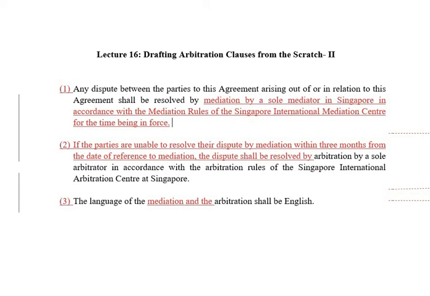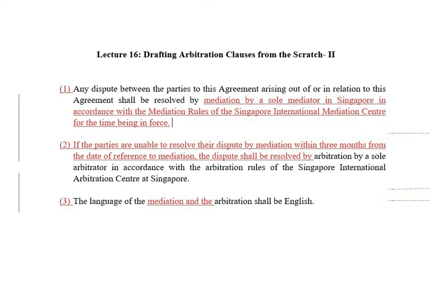For example, if this clause is agreed in 2006 and in 2022 there have been 3 or 4 revisions of the Singapore International Arbitration Center rules, the revision in force as on the date of reference of the dispute would apply and not an old version. To give you a more practical example, say the UNCITRAL arbitration rules of 1976 were in vogue for a lot of time.